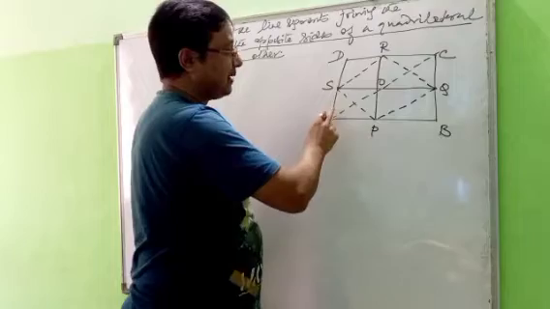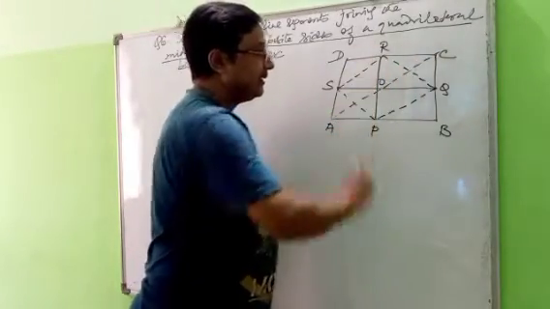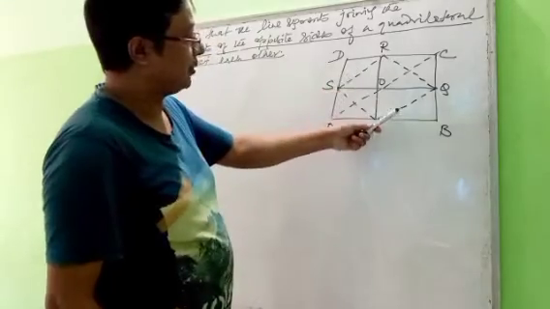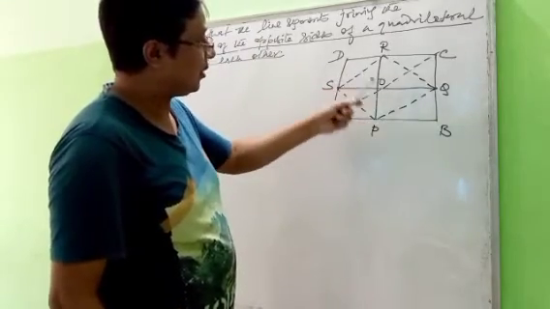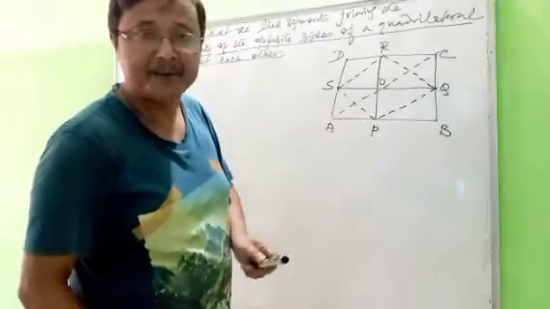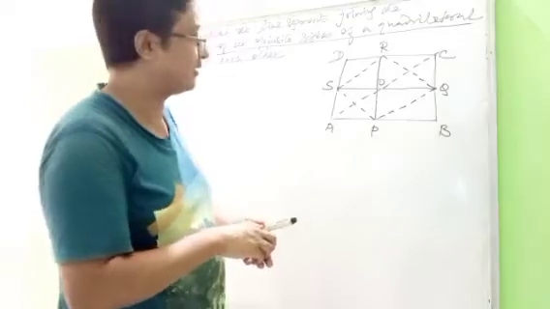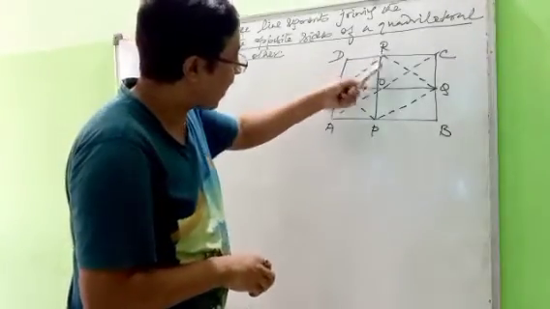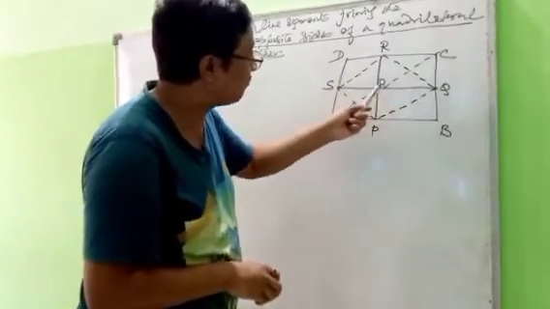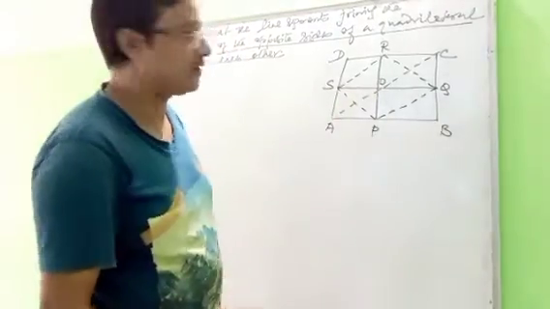Similarly, SR is parallel to AC, SR is half of AC. By comparing these two, you have got one pair of opposite sides equal and parallel. So the figure is a parallelogram. And we know that the diagonals of a parallelogram bisect each other. Hence the diagonals RP and SQ bisect each other at point O.